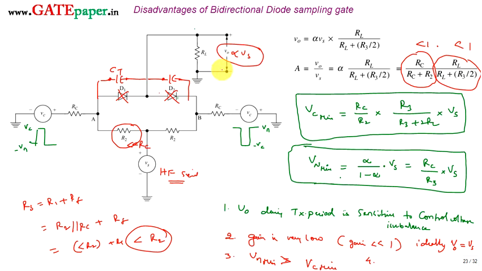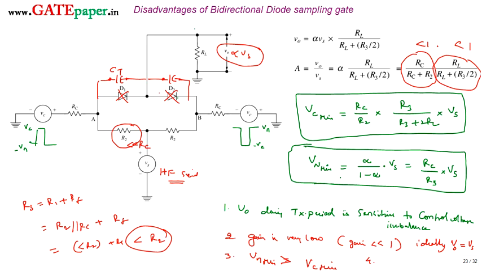There may be appreciable leakage through the diode capacitance, so because of leakage you may get some output during the non-transmission period. That is the fourth disadvantage: there may be appreciable leakage through the diode capacitance at high frequency inputs. These are the four disadvantages.